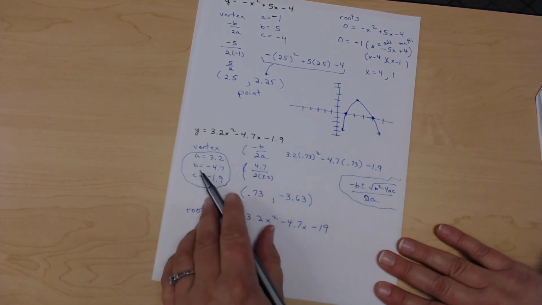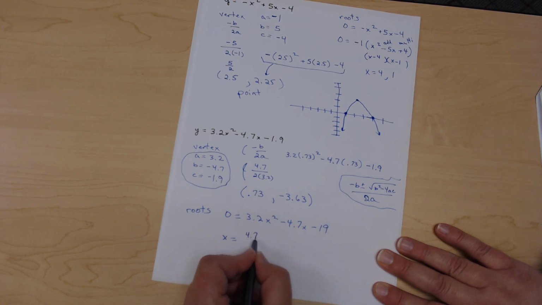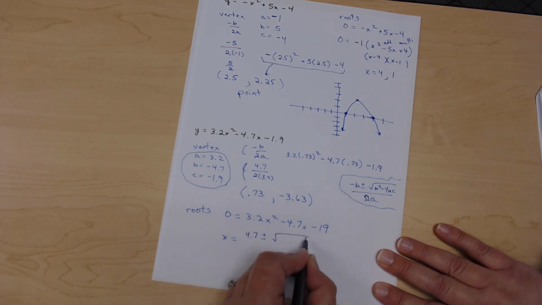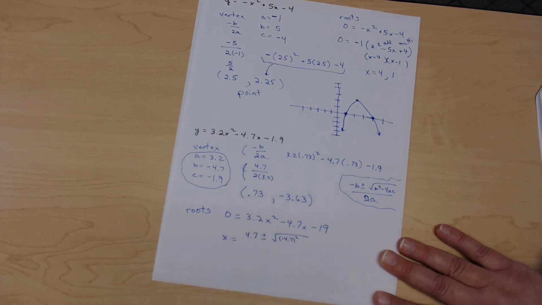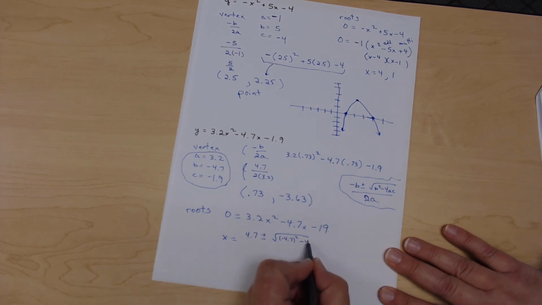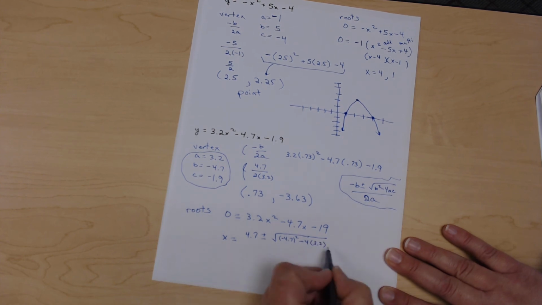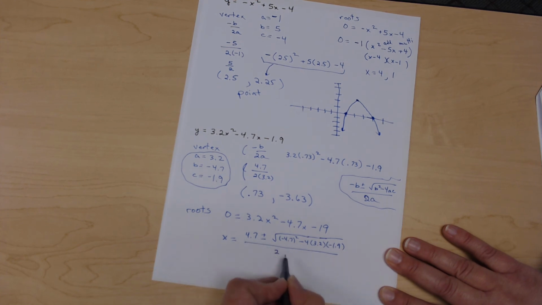Opposite of b, so 4.7 plus or minus the square root of b squared, take the negative and square it, minus 4 times a times c, all over 2 times a.